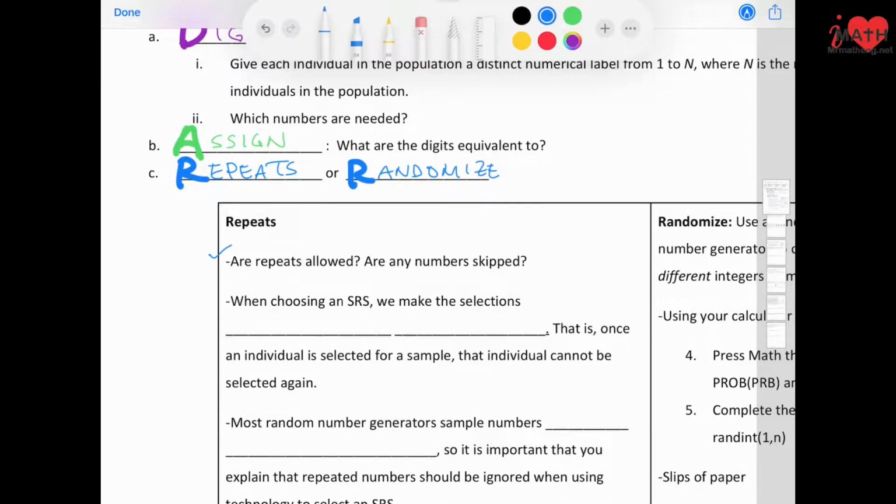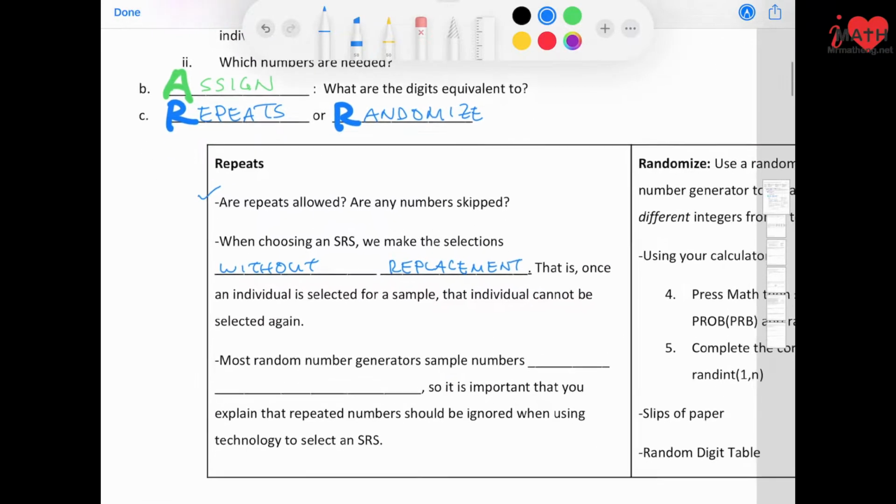Good question to ask. When choosing an SRS, we make the selections without replacement, or you have to tell us if you're going to replace the numbers or not. That is, once an individual is selected for a sample, that individual cannot be selected again.